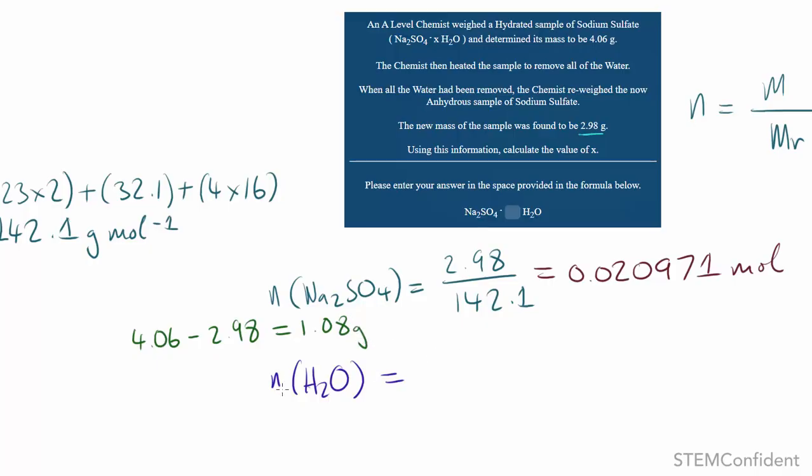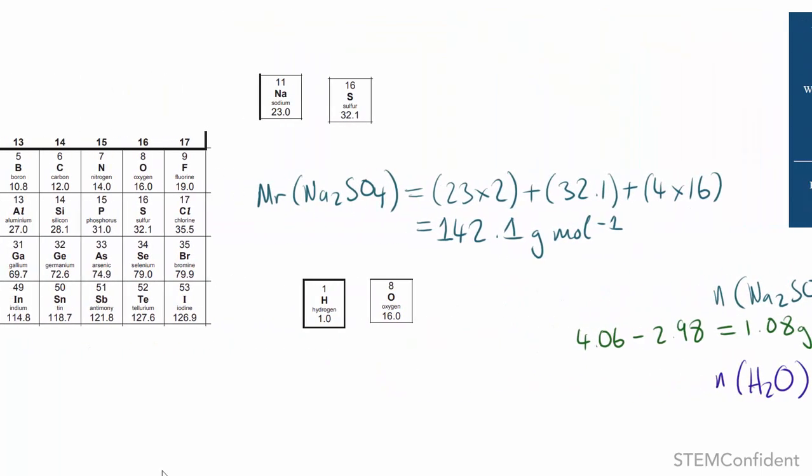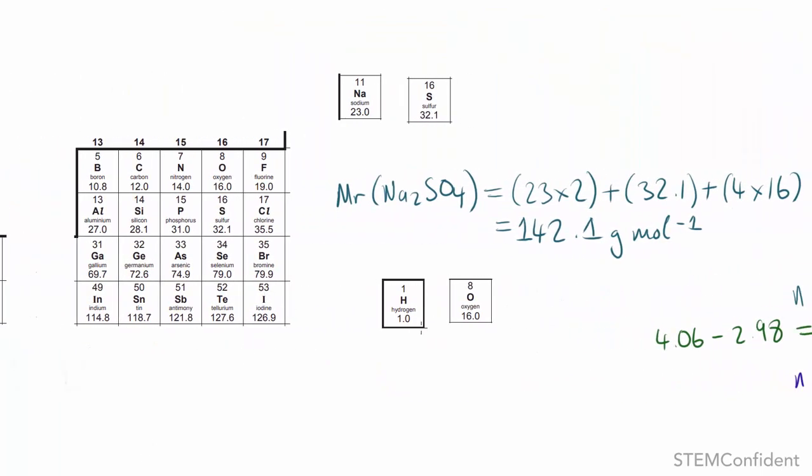So for the number of moles, using the same formula again, we're going to have 1.08 divided by the molar mass of H2O. For H2O, it's going to be 1 times 2 for the hydrogen, H2, plus the relative atomic mass of oxygen, which is 16, and there's only one of that.